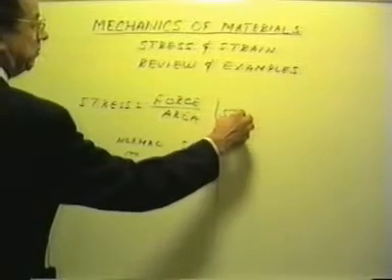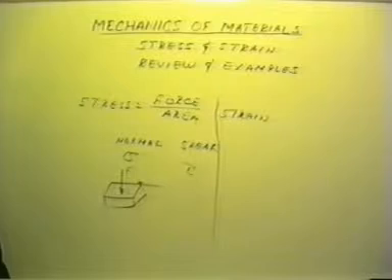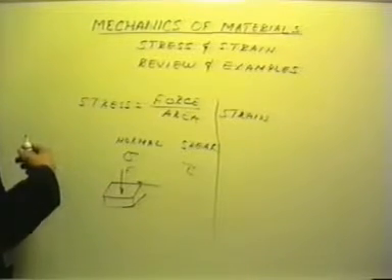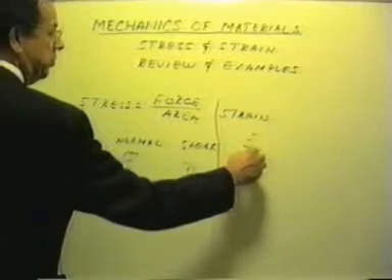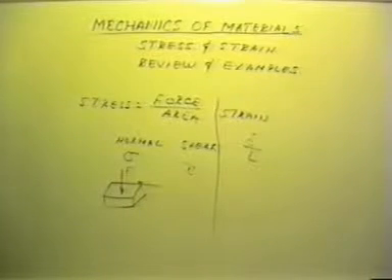Now the other important concept is strain. What do we mean by strain? Well, let us first define what is meant by linear strain. Linear strain is a change in length per unit length of the material or the member that we're working with.